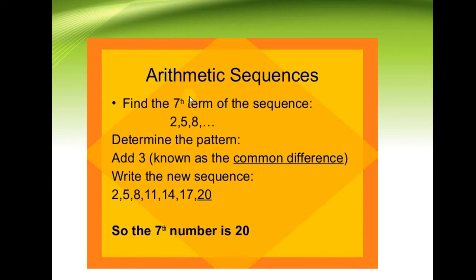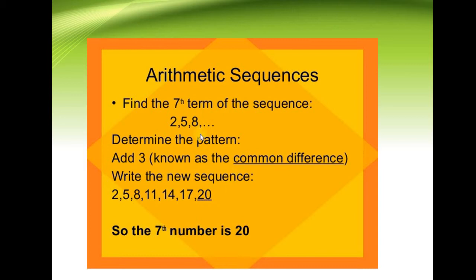Now look at this sequence. Here we have to find the 7th term. Find the 7th term of the sequence 2, 5, 8. Determine the pattern. Add 3, known as the common difference.